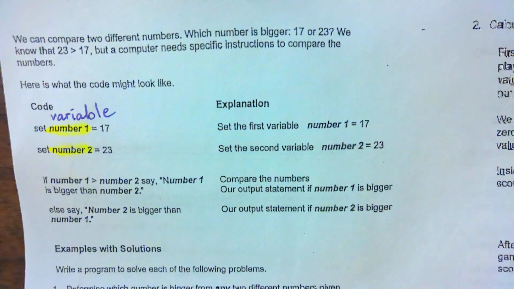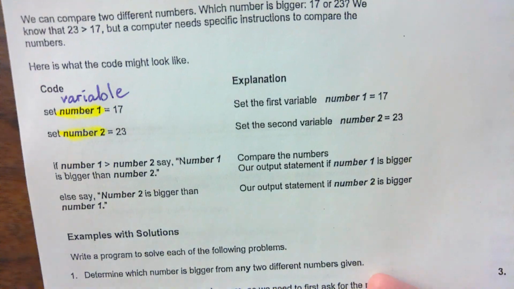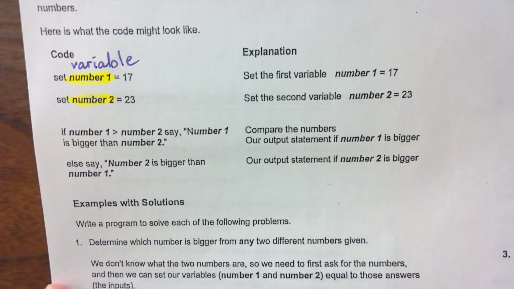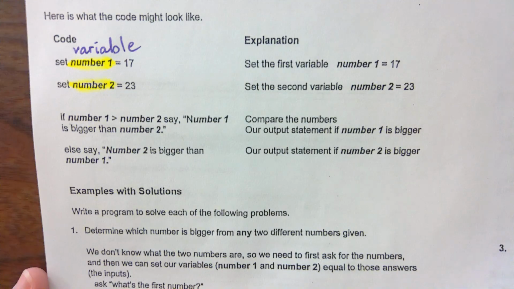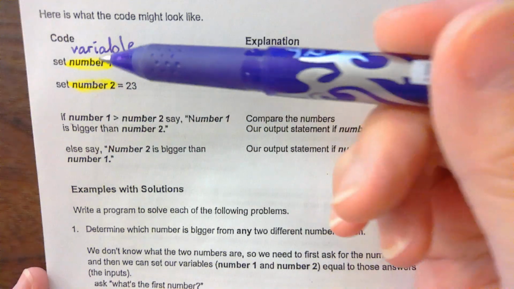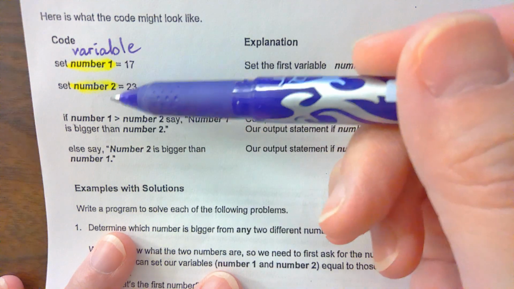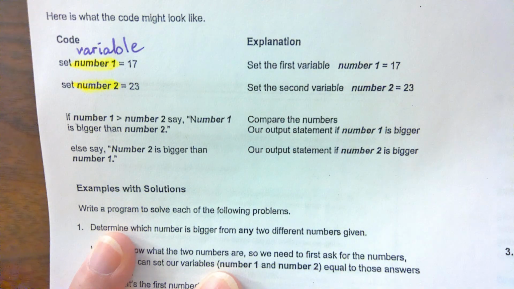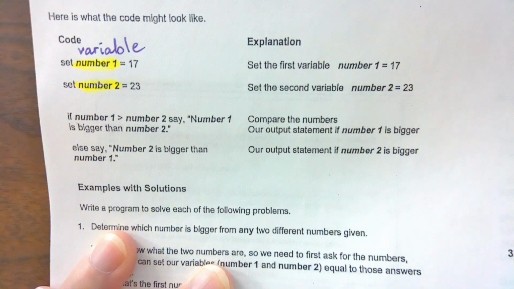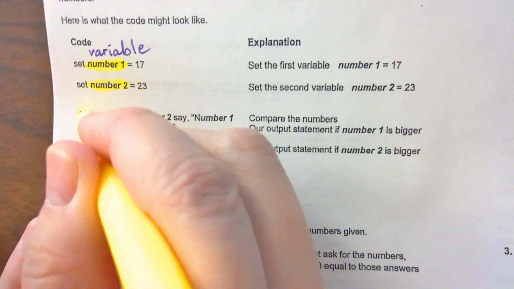With any code, the first thing you want to do in any coding program is set up your variables. You know how in the last question we used X and Y? Since it's a program that we type up, instead of calling it X and Y, we call it number 1 and number 2. Then you can see our conditional statement.